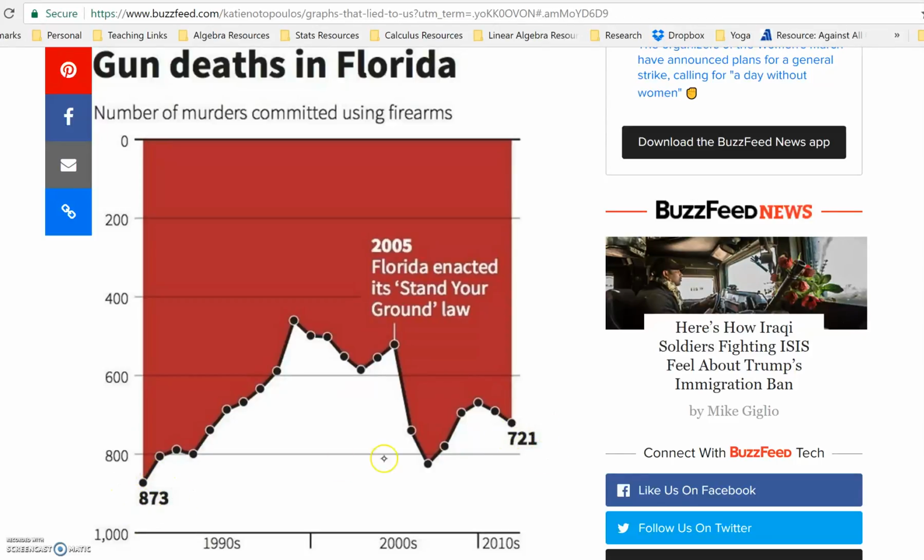And then, this is higher, but the numbers went down. And then we glance at this axis and see that they just inverted the whole axis. This whole thing should just be flipped upside down. It turns out once they enacted that Stand Your Ground law, the number of gun deaths went up and then up again and took a big spike, right? So this is an example of somebody manipulating a graph in a way that's probably trying to tell a different story than they meant to.